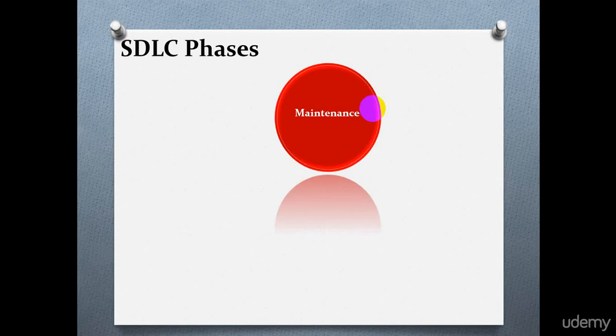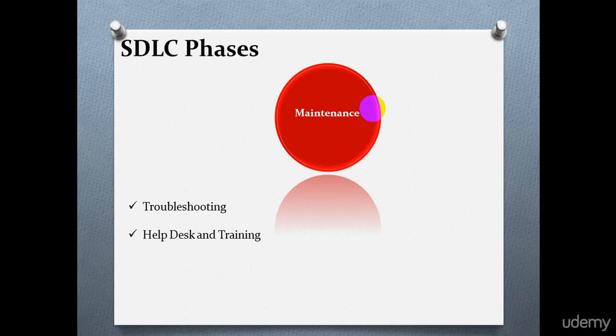And the final phase of SDLC is maintenance. This is the last phase of SDLC, the maintenance phase. Maintenance phase involves providing troubleshooting and customer service to support the system users. Maintenance is necessary to eliminate errors in the system during its working life.